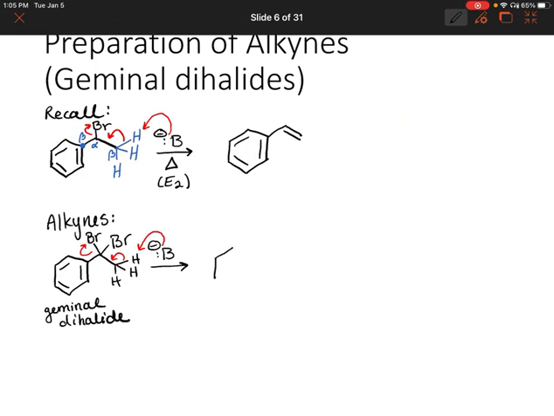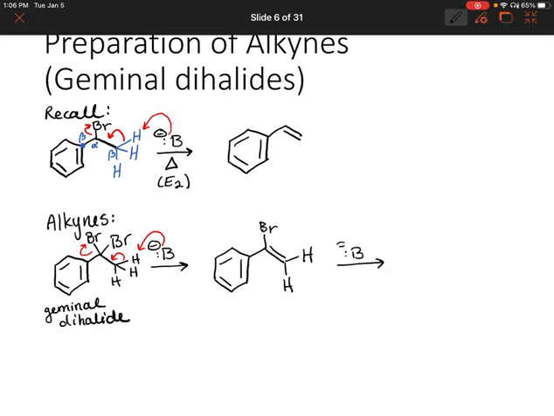So we end up with this intermediate where we do have our double bond, but one of the bromines is still left over. So we can perform this elimination reaction again.